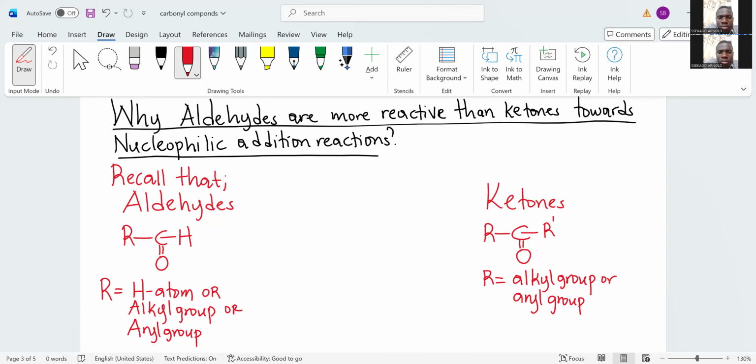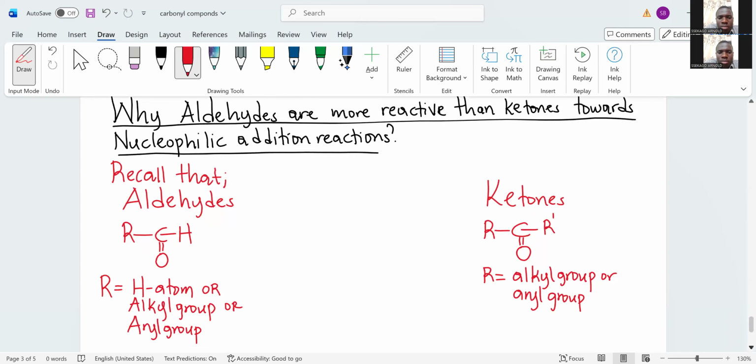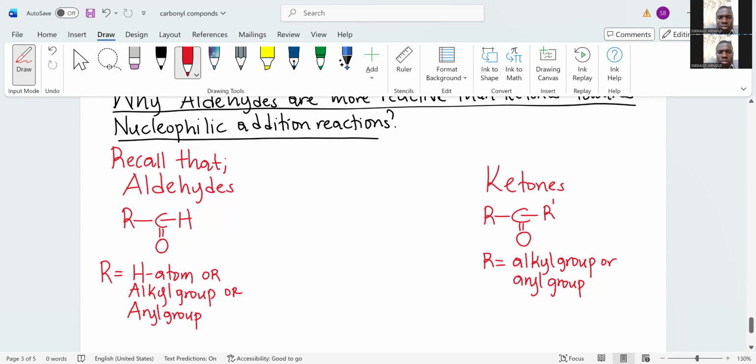Now, we are exploring how both compounds react. We are looking at how both of them react, meaning that we are trying to see how the carbonyl functional group will behave when it is treated with different reagents. Now, you realize that for aldehydes, look at the two structures, the one for aldehydes and the one for ketones.